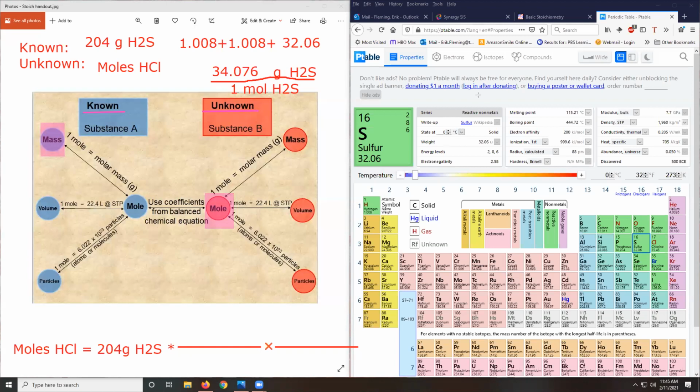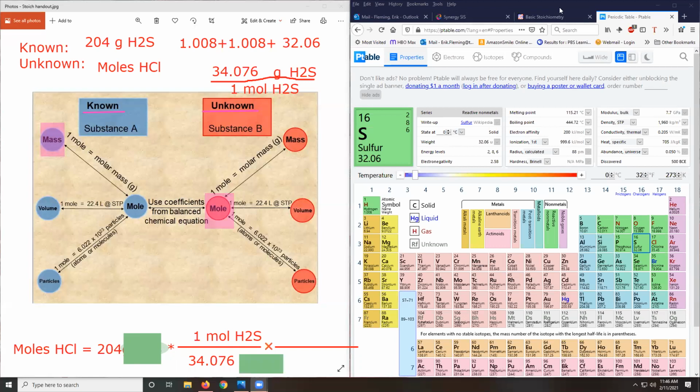To the thing before it. So I have here grams of H2S, so I'm going to put the grams on bottom. Even though I just wrote grams per mole, you can also write there is 1 mole of H2S for every 34.076 grams H2S. So I can cancel those out. The grams go away, and I'm left with the moles.